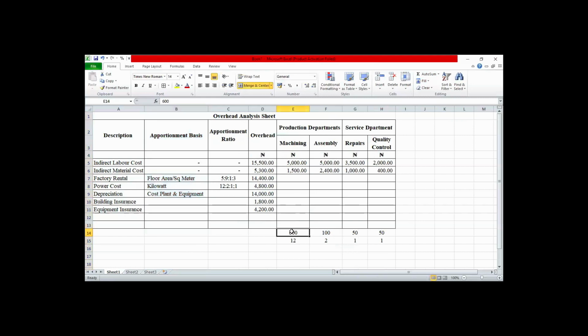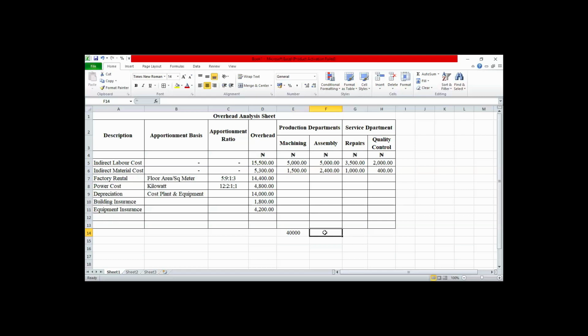Then what are the values for this? The plan for each of these particular departments. We have 40,000 for machining. The cost of plant for machining, 40,000. Please pay attention here. Then what about assembly?